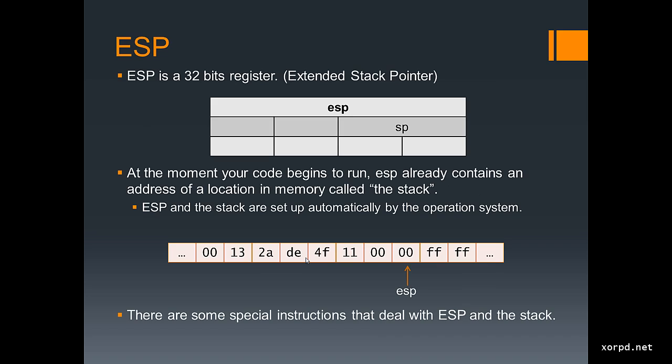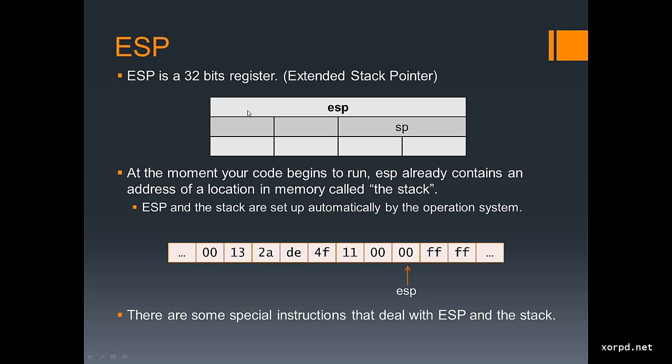The ESP register. At this point, I want to talk a bit about the implementation of the stack in the x86 architecture. ESP is a 32 bits register, also known as the extended stack pointer.